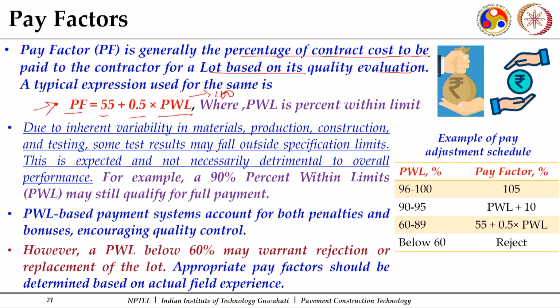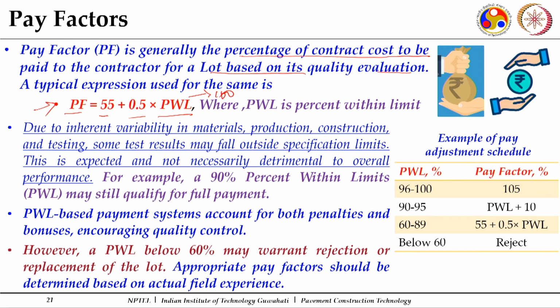Due to inherent variability in materials, production, construction and testing, some test results may fall outside the specification limits. As I said, 5% may fall out of it, or less than that, but definitely this is a normal phenomenon that some test results may fall out of your ranges. This is expected, and 1 or 2 test results falling outside is not detrimental.